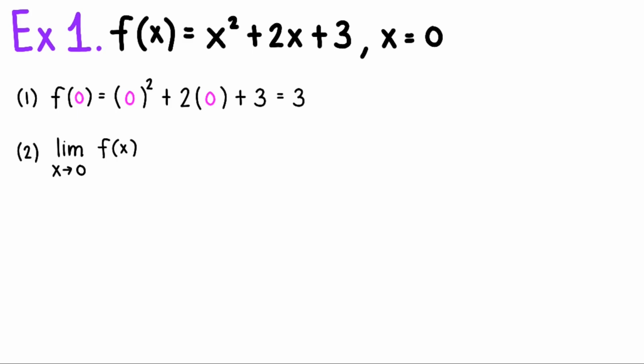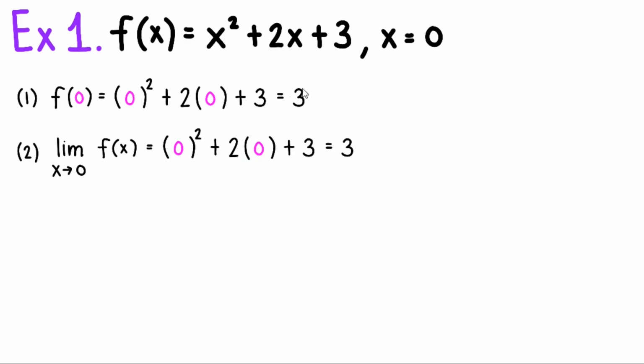Next, we check if the limit of f of x as x approaches 0 exists. Take note that in evaluating limits, since this is just a polynomial, we know from a previous video that we can simply plug in 0 into this given function. So we have 0 squared plus 2 times 0 plus 3, and again, this one will just cancel out, so we'll be left with 3.